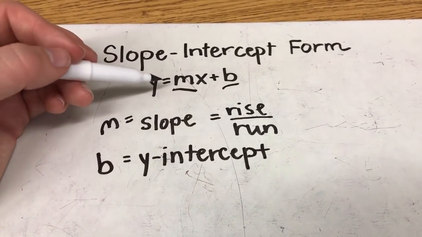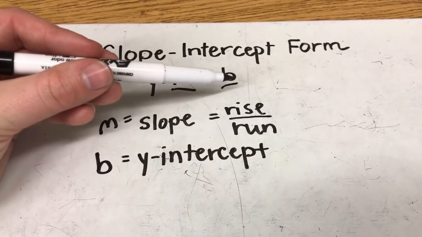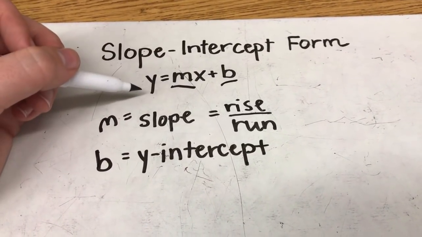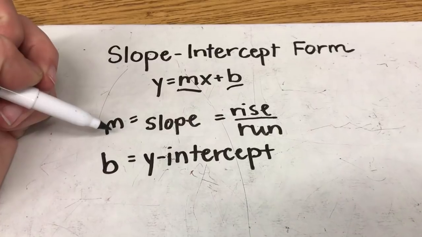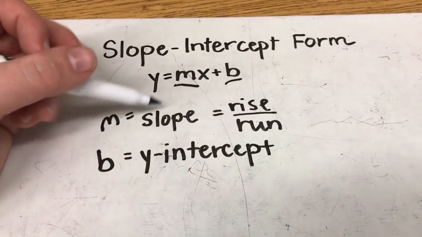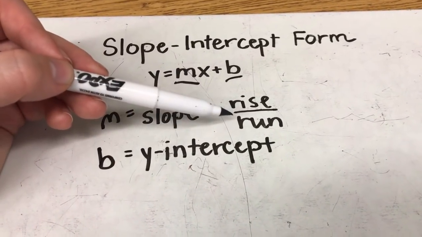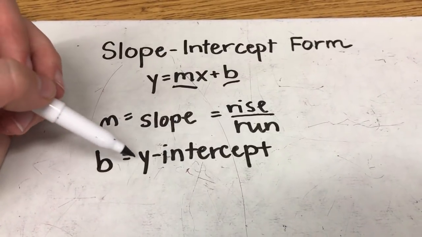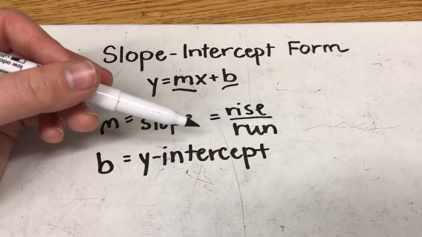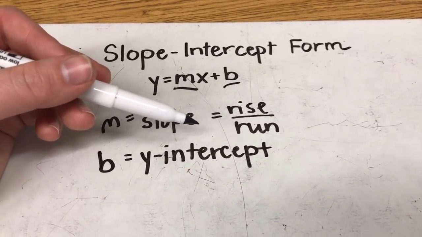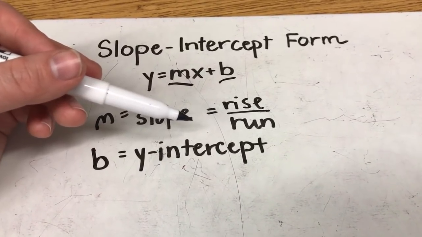So again, y equals mx plus b. Let's break this down a little bit. M is our slope, which is rise over run, and b is our y-intercept, which is where our graph crosses the y-axis.